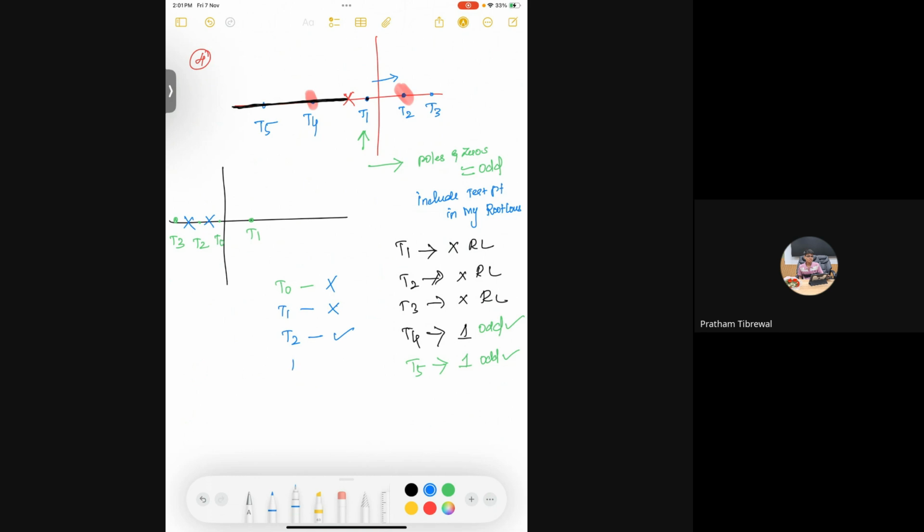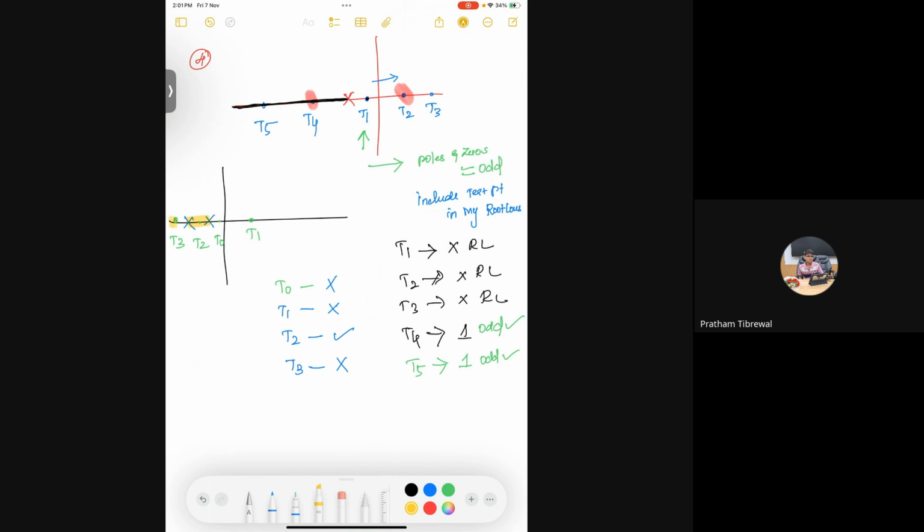T3, two poles are there, so it's even, so it won't come in the root locus. Only for odd, and only on this side is my root locus. Only here can my root locus come.